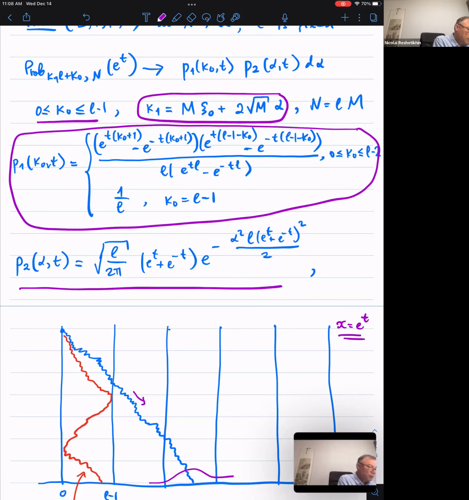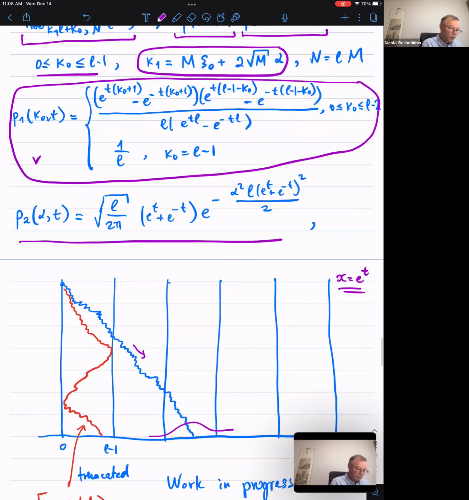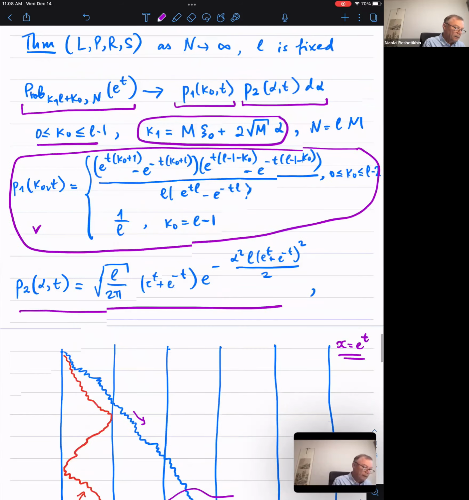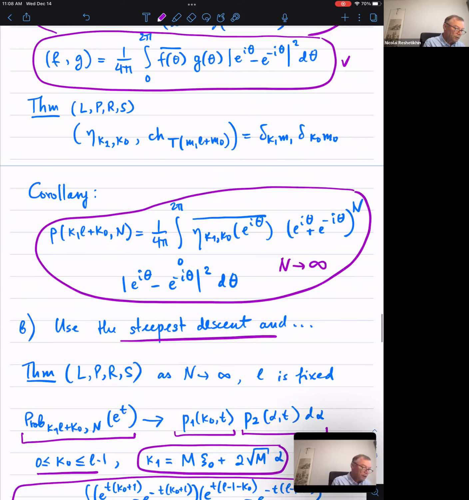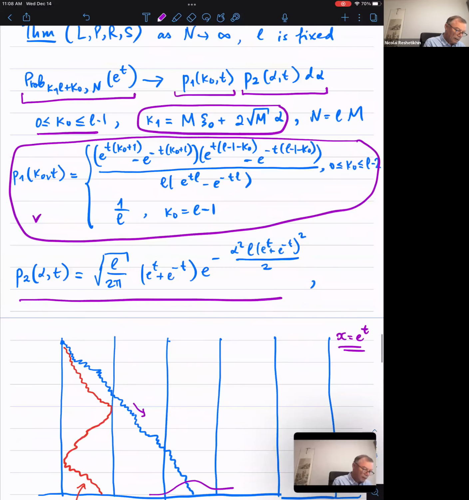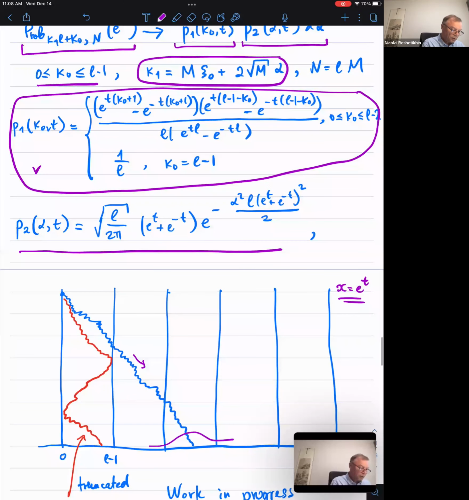Our probability measure converges to this tensor product of a finite discrete probability measure, just a collection of these numbers, and the continuous Gaussian measure on where the path ends. So this is the result. This is how we got it using the steepest descent, but we also checked it using the other method.